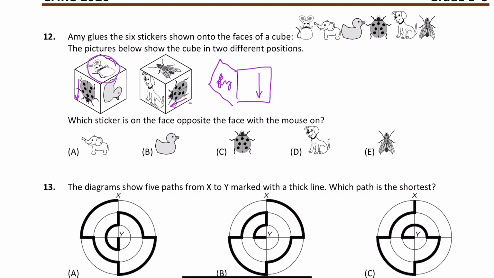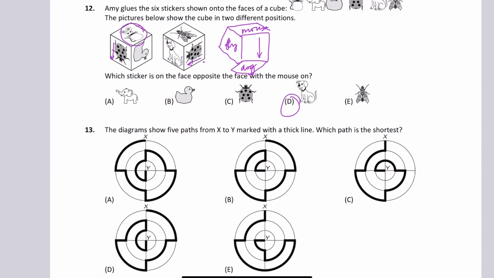So our fly will be over here, and then our dog would be above over here. You can say below as well, right? Because the fly is moving, and the ladybug is also standing, so it will be below here. So that's our dog, and if you see, on top of the ladybug is our mouse. So our answer will be the mouse is opposite to the dog.